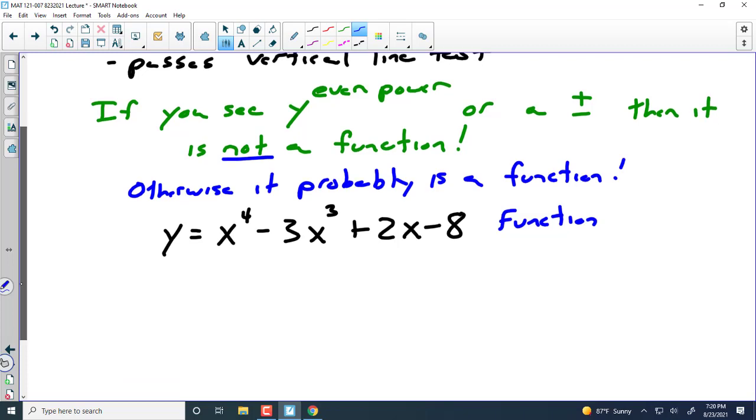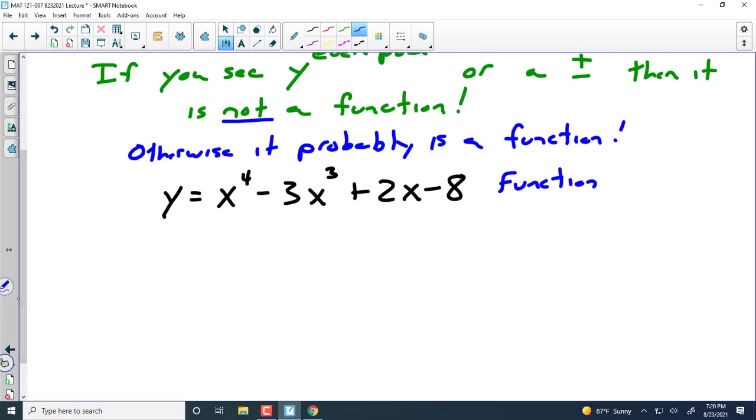And what's especially cool about that is that means, everyone, that if I gave you an x value to plug in here, which we're not going to do right now because I don't feel like taking numbers to the fourth power and the third power, but if I gave you an x value to plug in there right now, everyone would get the same y value. There's no element in the domain that will give two different elements in the range. There's only one answer. That's what it means to be a function.